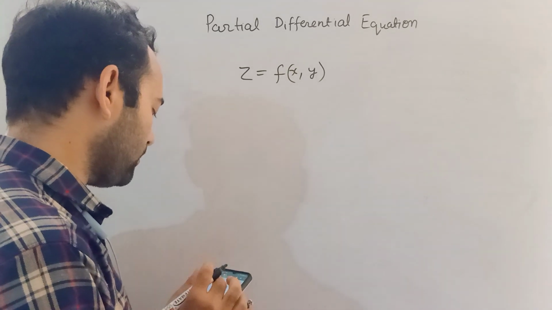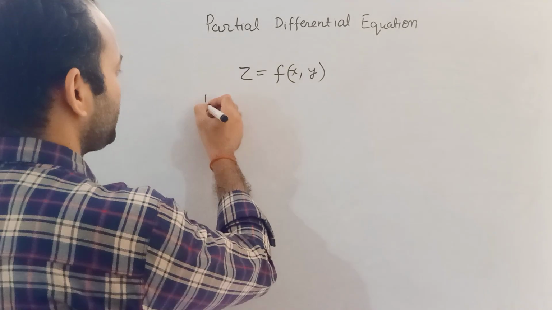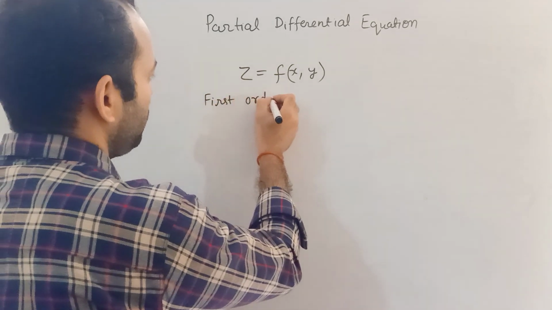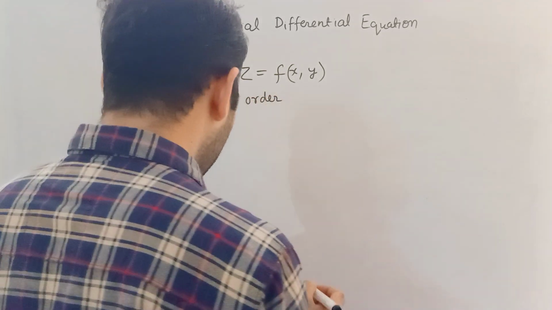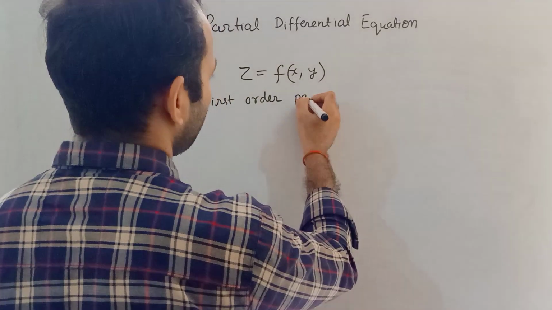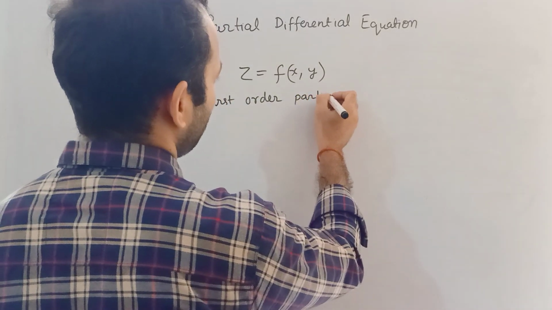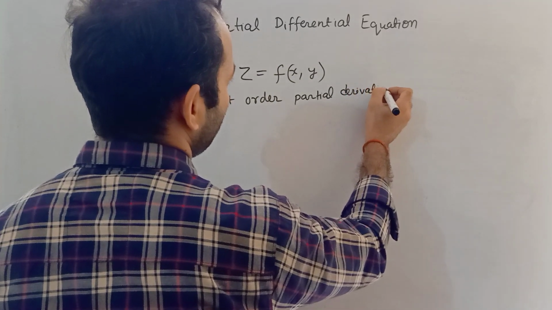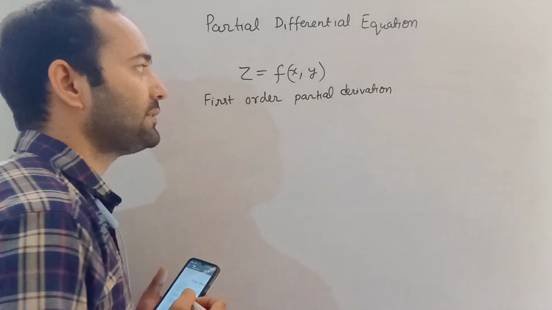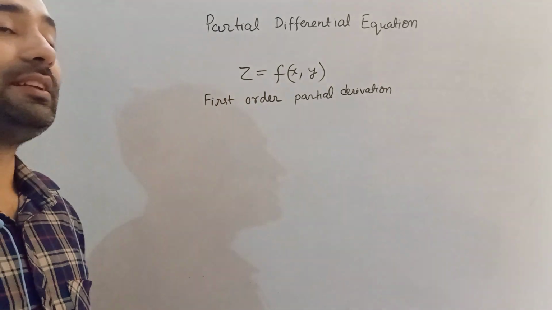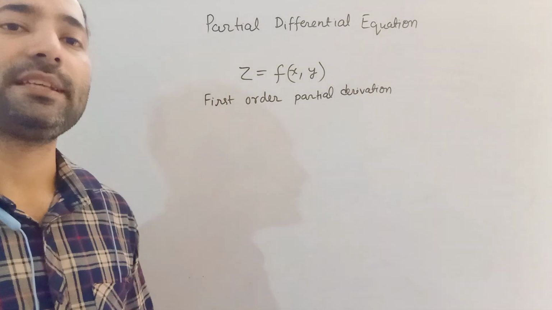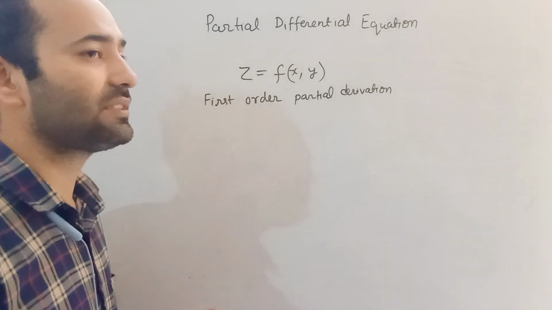Now, first order partial derivatives. So we will basically understand the basic definition of a linear PDE of first order and a linear PDE of second order. How do you distinguish them?